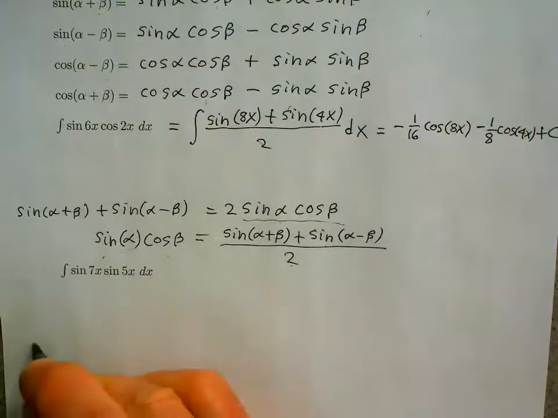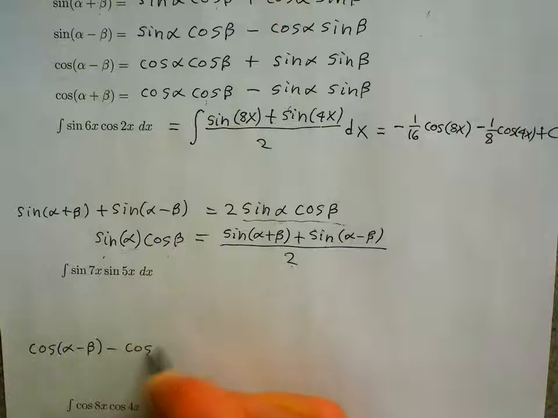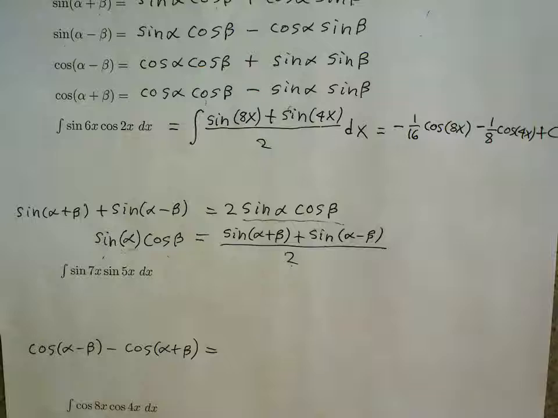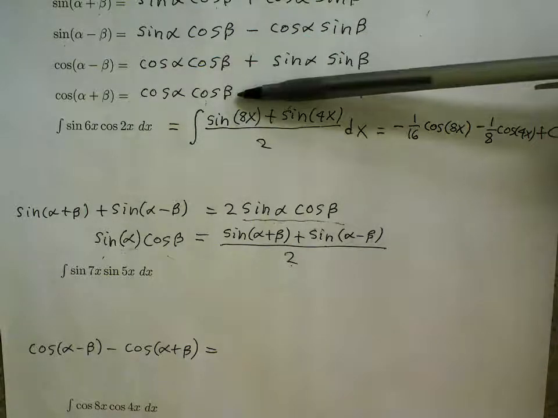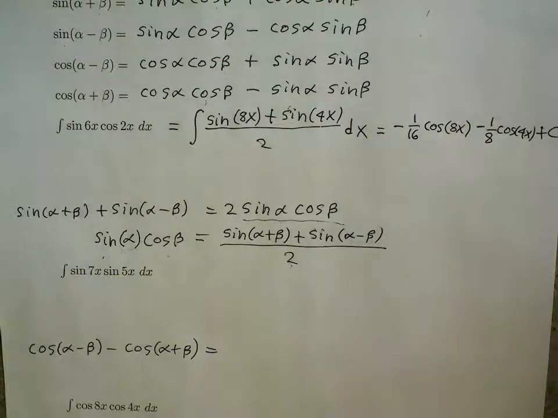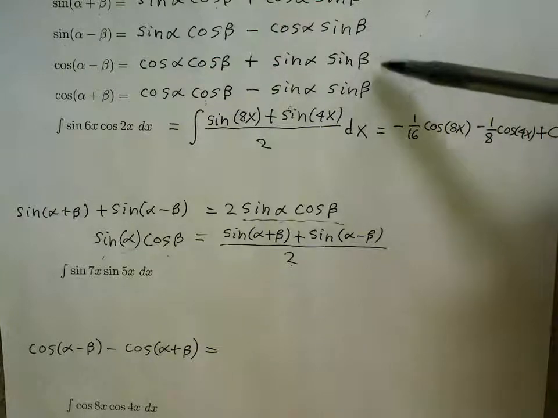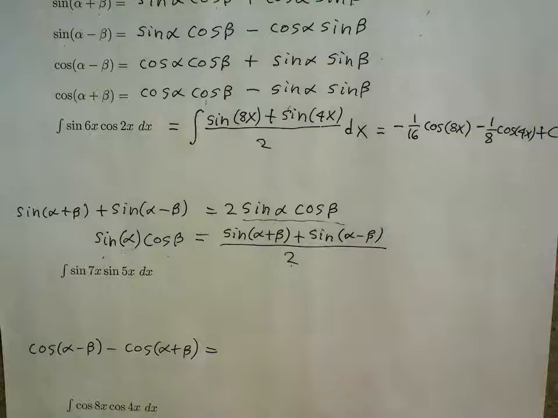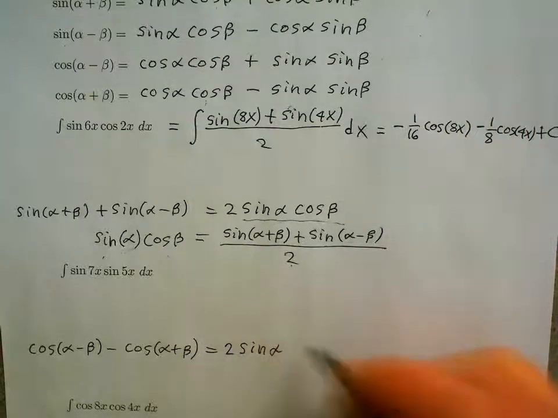Okay, so we'll get cosine of alpha minus beta minus cosine of alpha plus beta. The cosine of alpha times cosine of beta minus cosine of alpha times cosine of beta is 0. And then sine of alpha times sine of beta minus negative sine of alpha times sine of beta gives us 2 times sine of alpha times sine of beta.